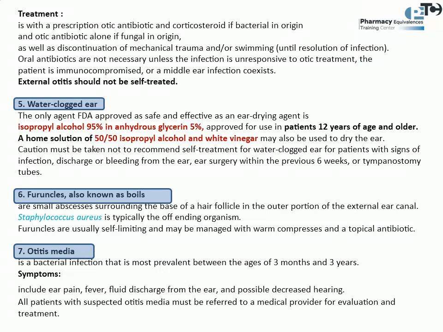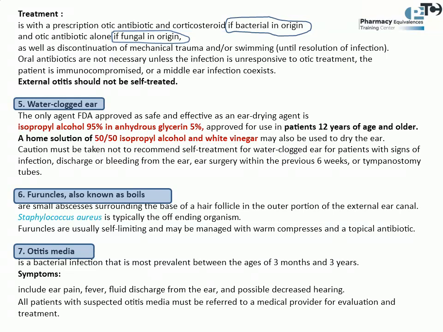What about the treatment of external otitis? In this condition, there may be involvement of bacterial or fungal infection. If it is of bacterial origin only, the prescription here will be an antibiotic and corticosteroid.